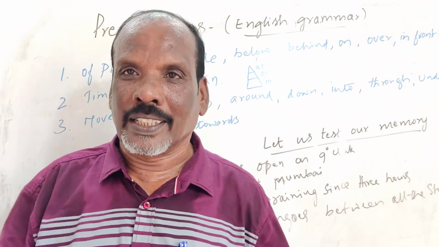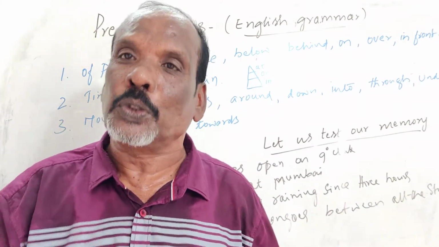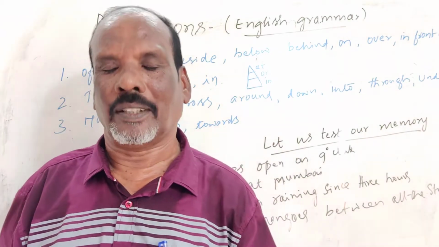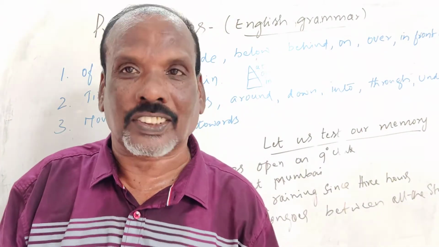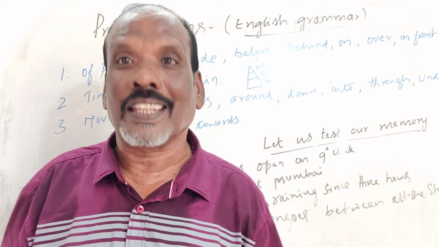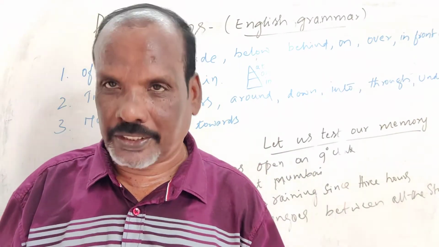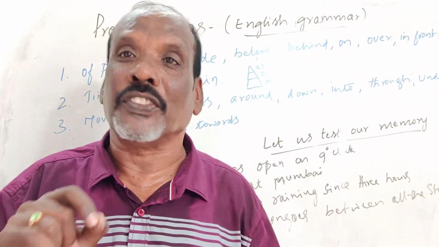Here, from is the word that is used to show the relation between he and America. And it shows the direction. From where did he come? He came from America. That shows the movement or the direction. And here, from is used.